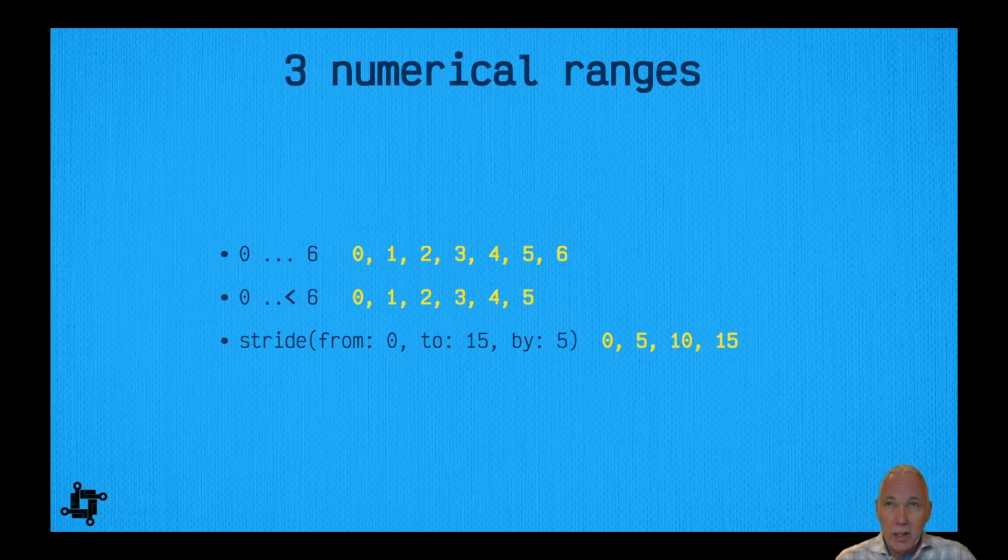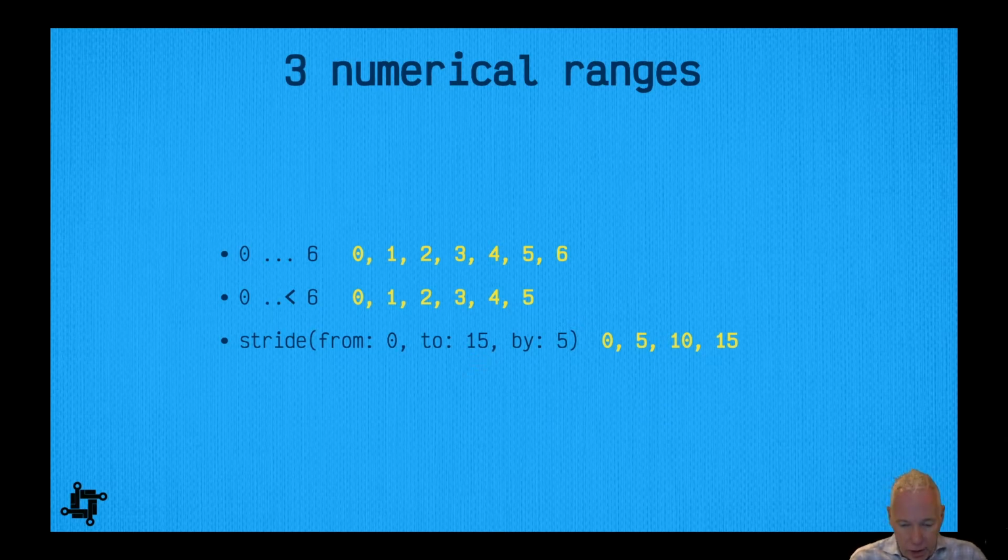And then finally, there's another one called stride. So what this is a function, and we haven't gotten into defining functions yet, but I think you can kind of get a feel for the syntax here. We have a name with an open paren, and then we have 3 arguments here that we can supply. So one of them says from, so the way it reads, we can just read it and go, oh, it's going to start at 0, and then it's going to go to 15.